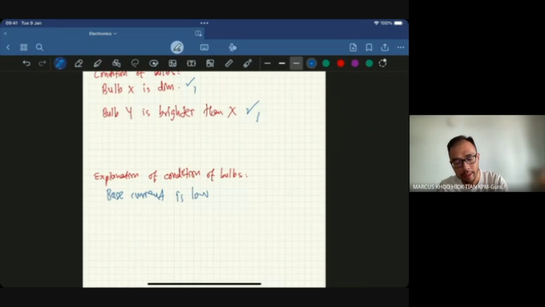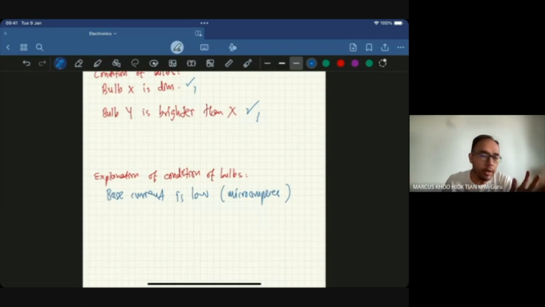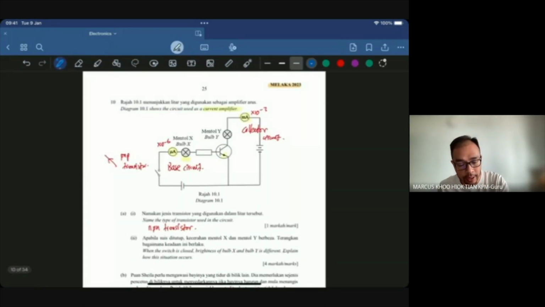Okay, then you can put it in microamperes, just to show that wow, it's so low because it's times 10 to the power negative 6. Another way to explain this is that there is a resistor over here.